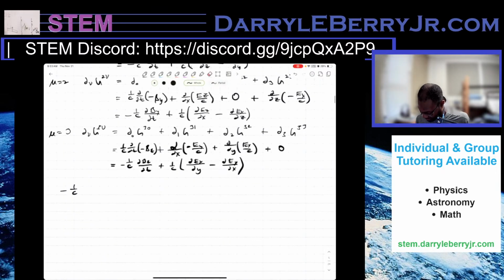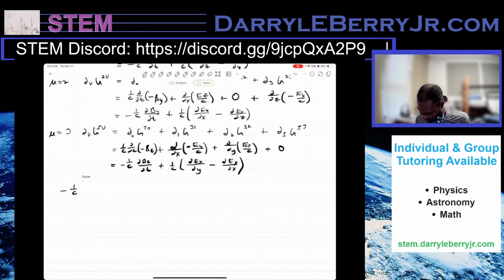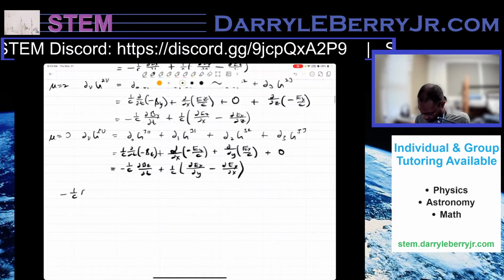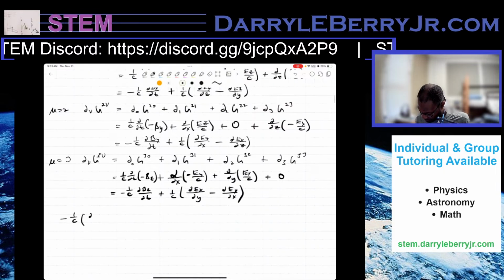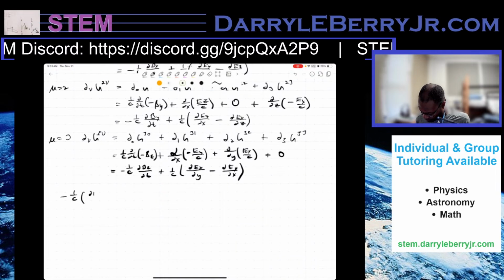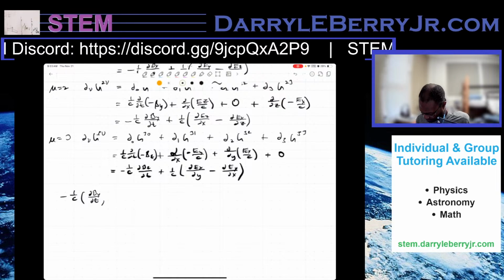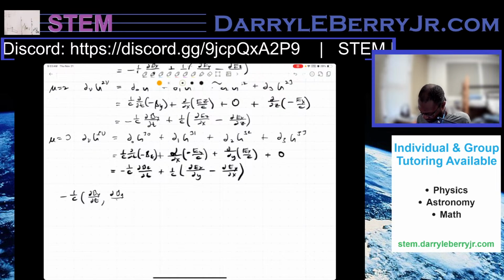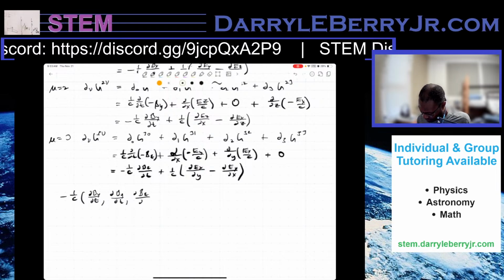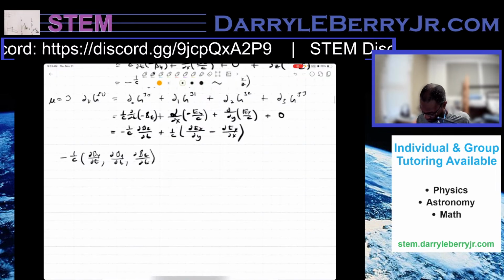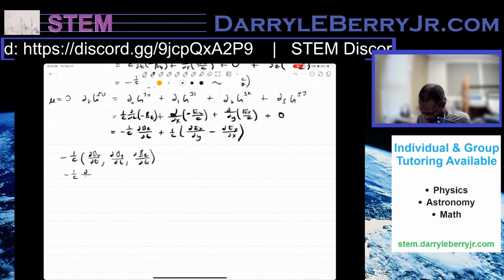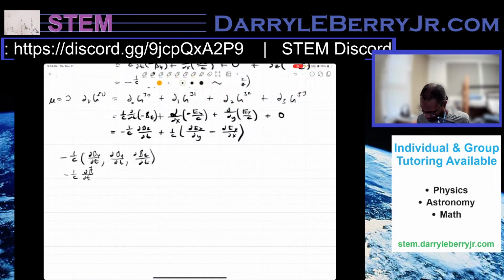Since it's with respect to time, it ends up being just, let me put it like this. So I'm going to extract the 1 over c, the x over the t, y, B. So that's negative 1 over c and partial with respect to t of B.